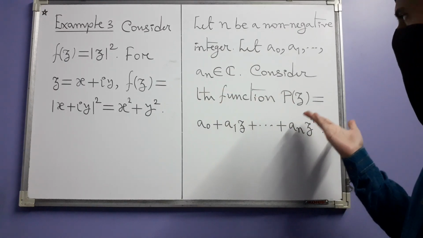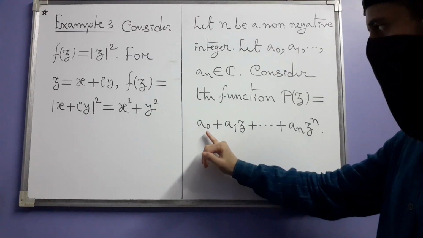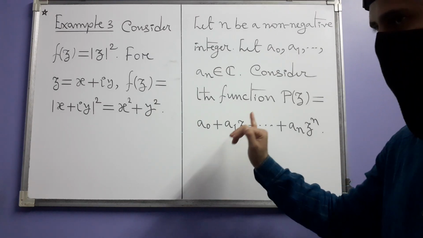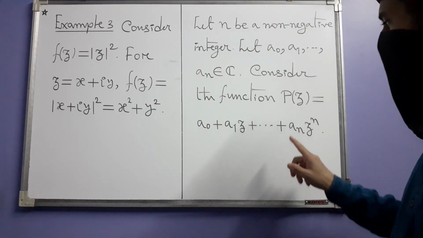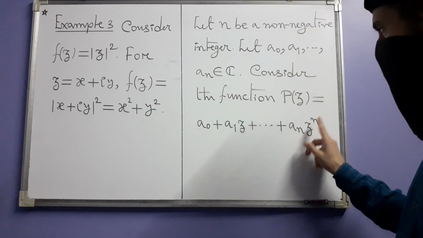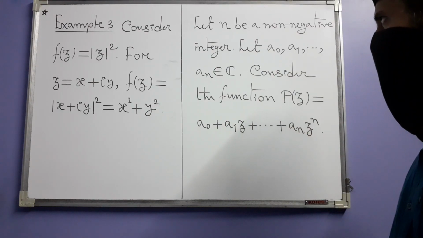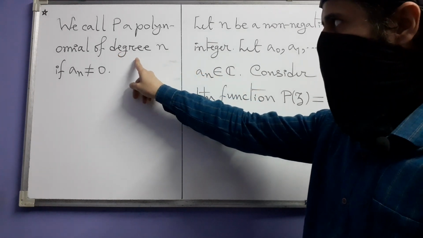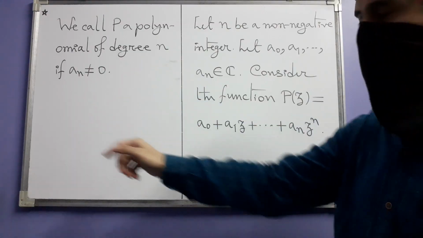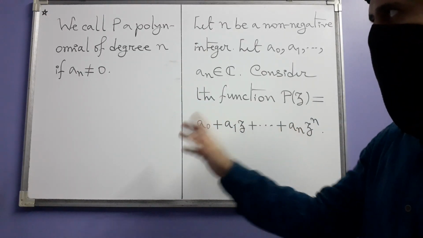Then you consider this function p of z, which is a0 plus a1z plus a2z squared. That's the pattern. And finally you have an z to the power n. We call this function p a polynomial of degree n if the coefficient an is not equal to 0.